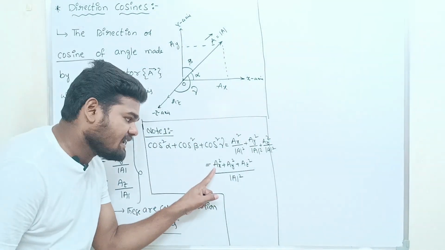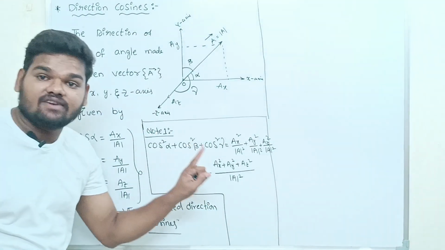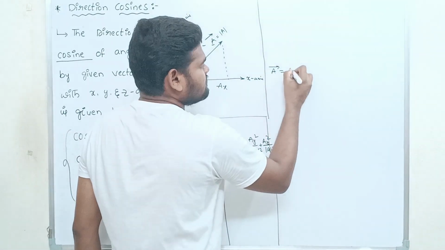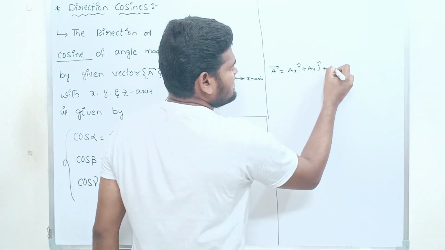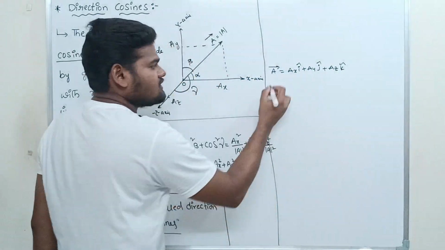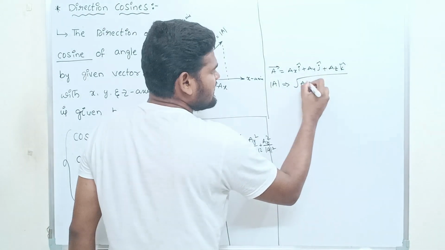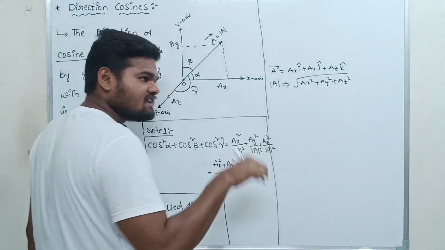Okay, so what is Ax square plus Ay square plus Az square? In general, we can write the a bar vector as Ax i cap plus Ay j cap plus Az k cap, right? So if you want to find the magnitude, it becomes under root of coefficient of i cap square plus coefficient of j cap square plus coefficient of k cap square.